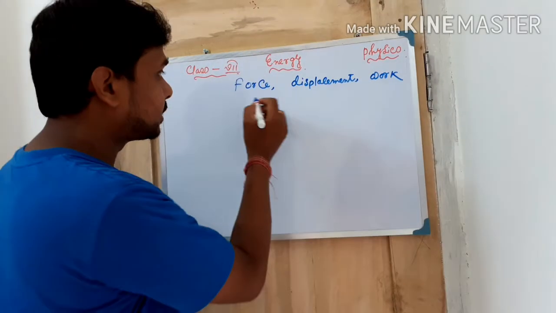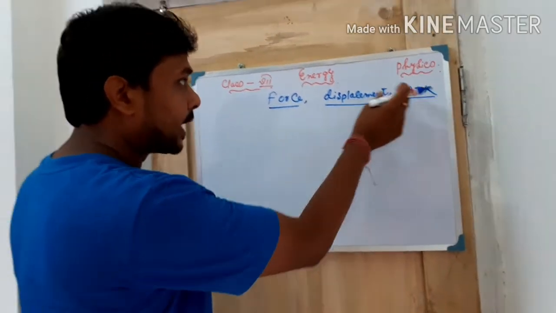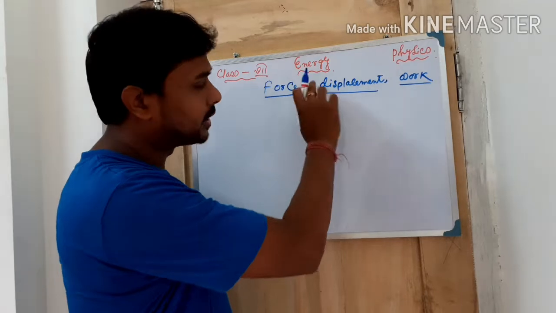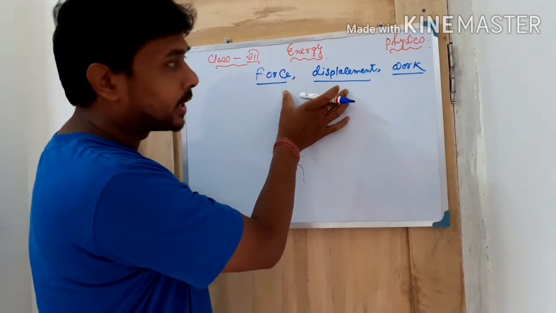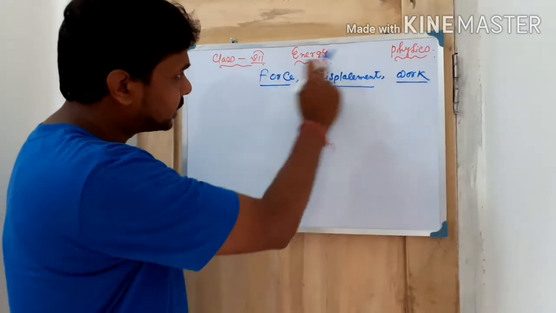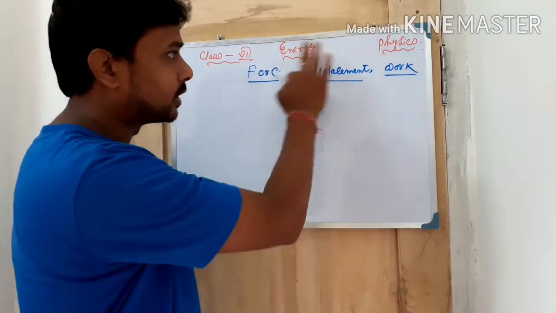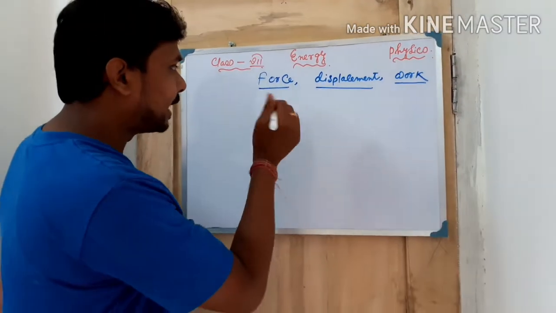These three are very important before knowing energy, because work and energy are interrelated. Force and displacement are a combined package that gives work, and from work you can get energy. So these four terms, energy, force, displacement and work, are related to each other.